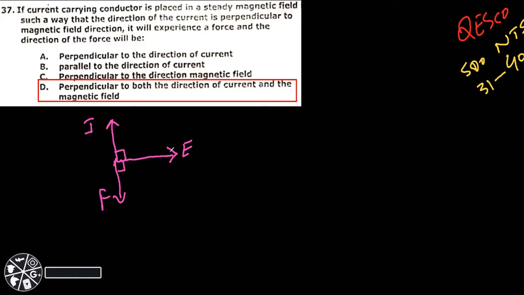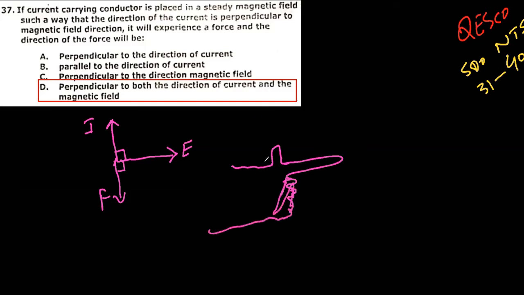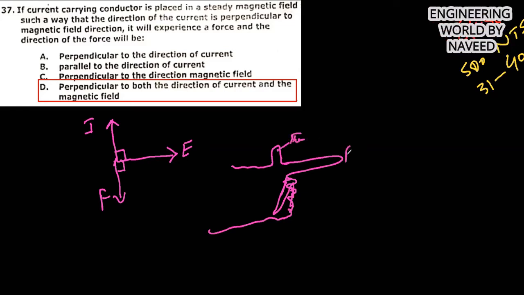And we use the right hand rule to find the direction of the force for the given field and given current direction. So this is the first finger, this is the thumb, and this is the second finger.